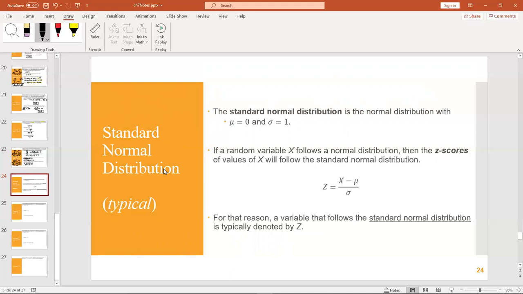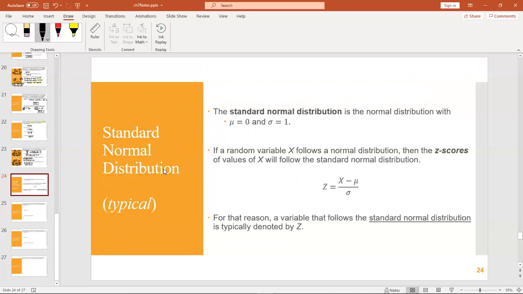For instance, if you were comparing the heights of males and the heights of females, it would not be a fair comparison to compare female height data using the male numbers as your frame of reference. So what you can do is what's called standardize the data.